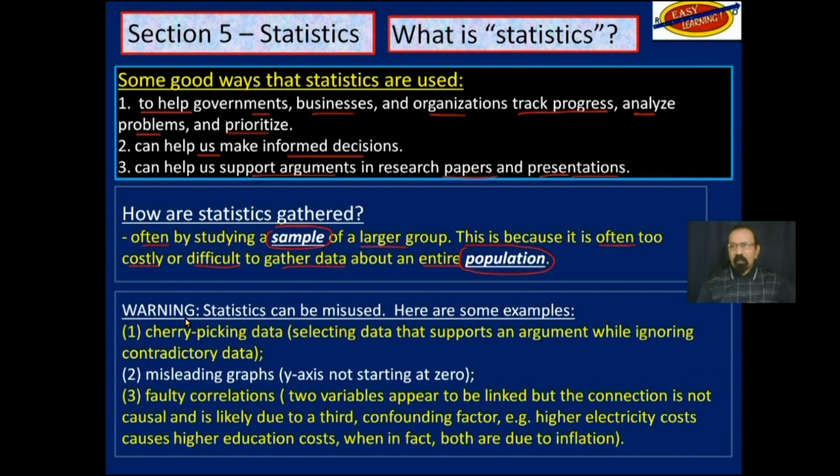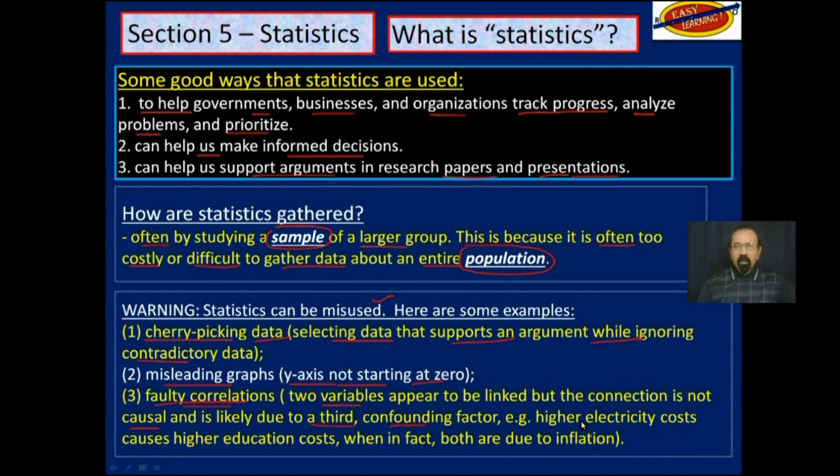Warning: statistics can be misused. Here are some examples. One, cherry picking data, which means that you select data that supports an argument while ignoring contradictory data. The second way, misleading graphs. Example, the y-axis does not start at 0. And three, faulty correlations. Two variables appear to be linked, but the connection is not causal and is due to a third confounding factor.